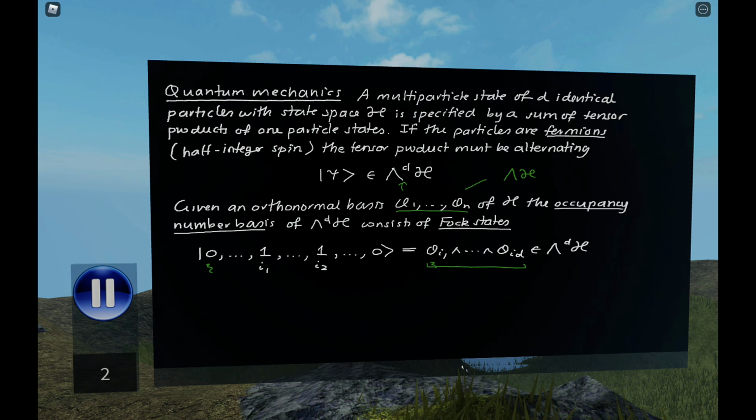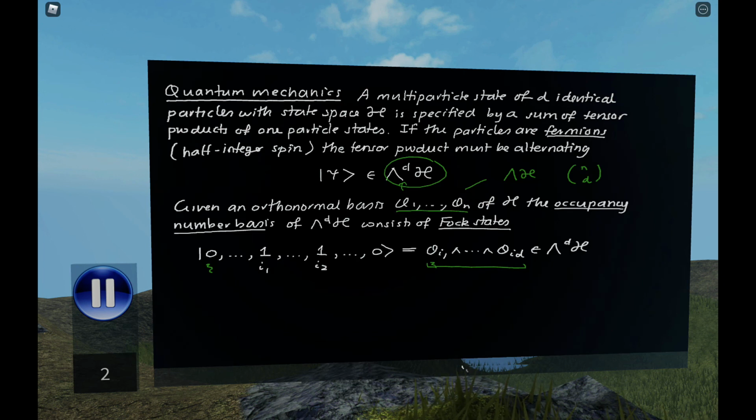Now we know that the dimension of this is going to be n choose d. Right, you have to choose an increasing sequence of size d. Okay, so that's the occupancy number basis, and you can see here that there's a kind of binary representation of those basis vectors.